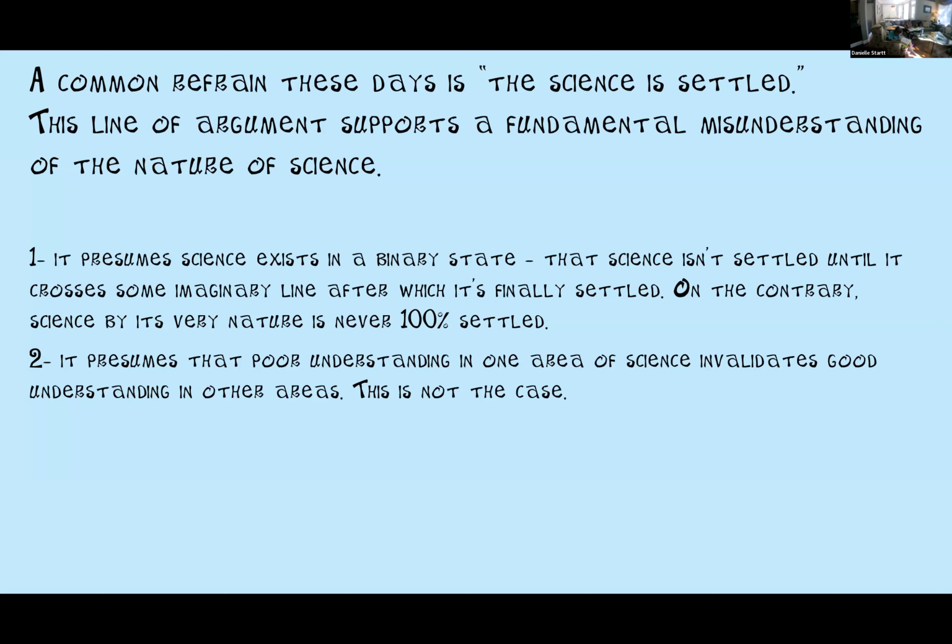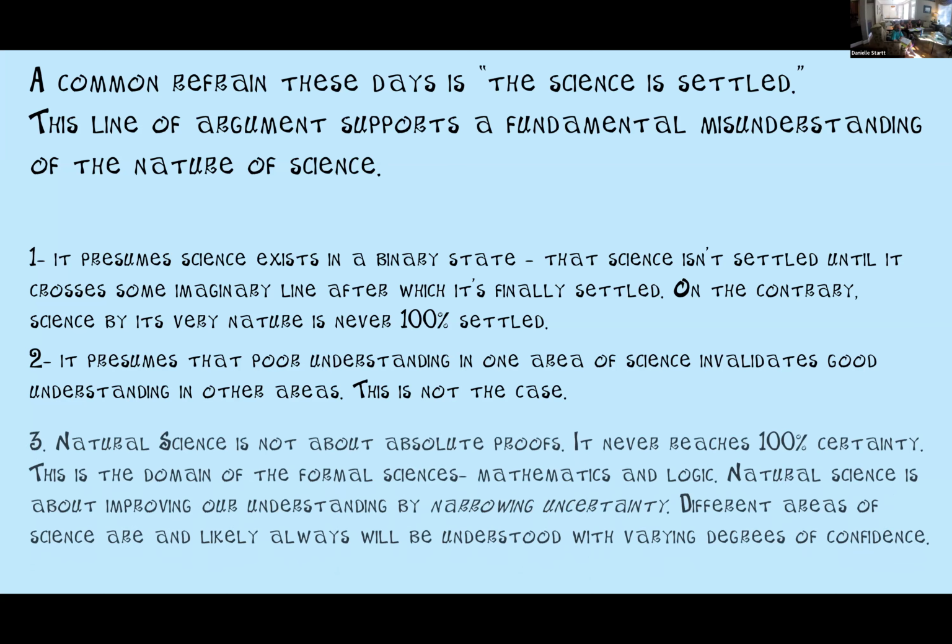So we have varying degrees of understanding in all different parts of science. So the thing to do is to remember to trust the process, not necessarily the person, but the process, right? Okay, so poor understanding in one area of science does not invalidate good understanding in another area or vice versa.